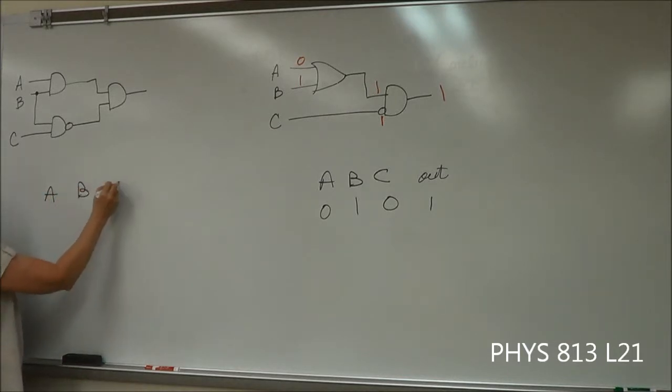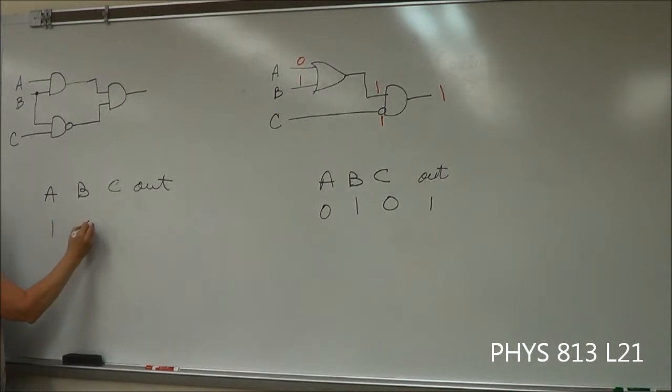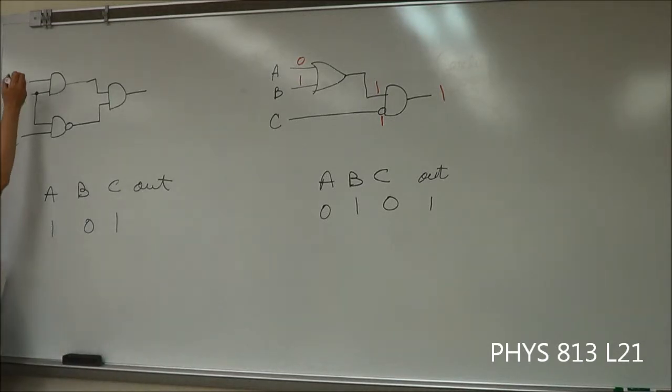So we'll have A, B, C out. Let's do a 1, 0, 1. Okay. So if A is 1, this is a 1. B is 0, this is a 0. This also goes down to here, which is a 0. C is 1.